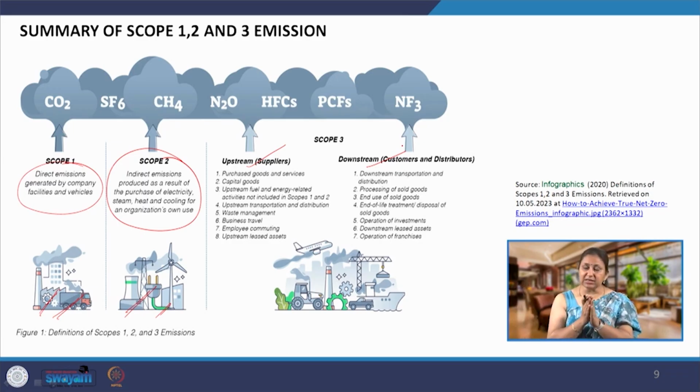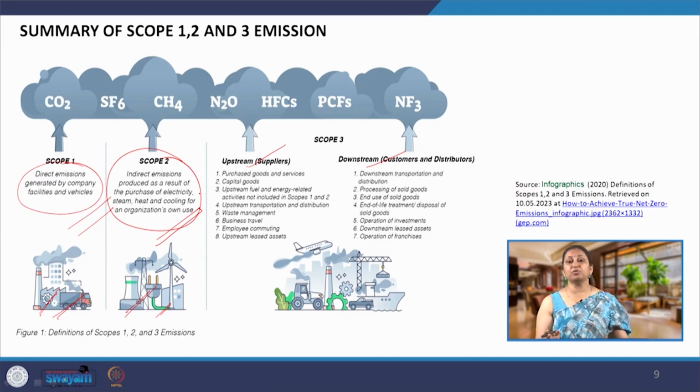Now, that is a very large scope which we are talking about, and as I said earlier, I am reiterating that currently the focus of the majority of the companies across the world, because it is a voluntary activity, it is a voluntary commitment, is largely on scope 1 and scope 2 to start with.